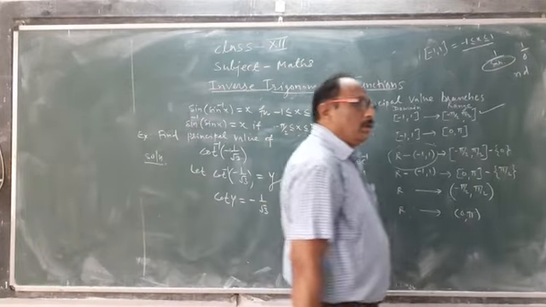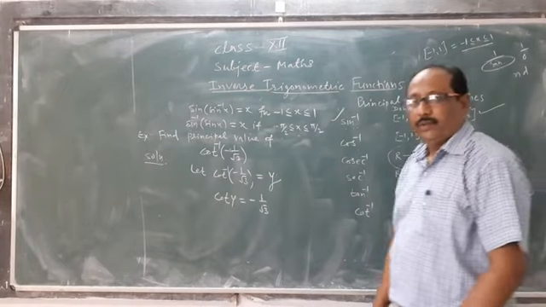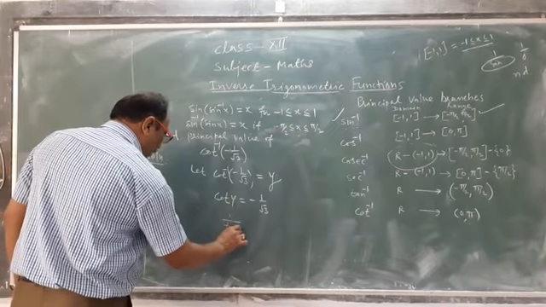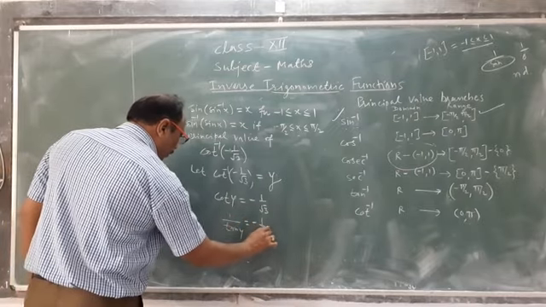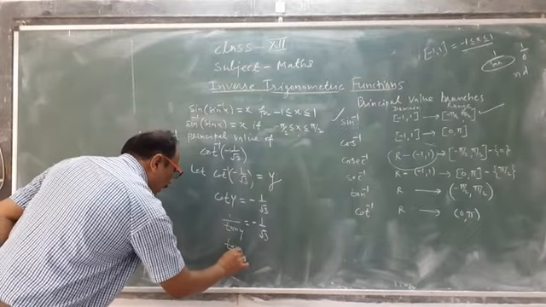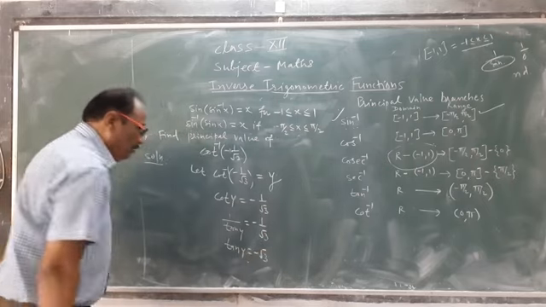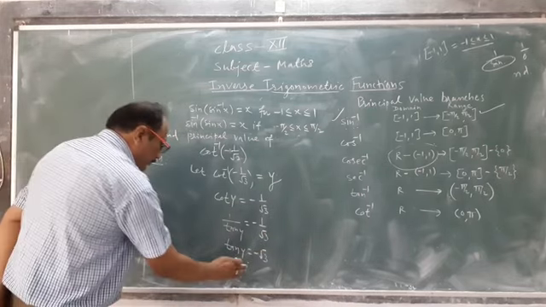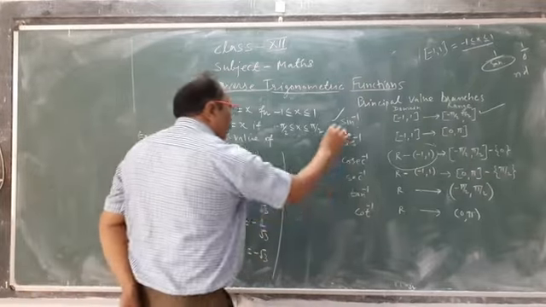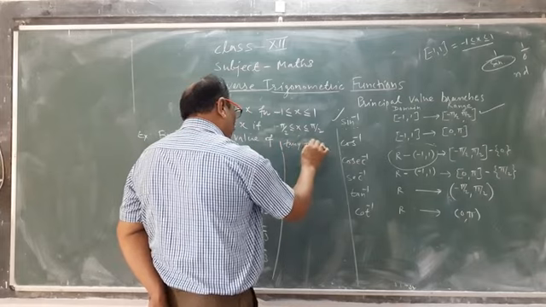You know cot y means 1 upon tan y. So 1 upon tan y is equal to minus 1 upon root 3, which means tan y is equal to minus root 3.